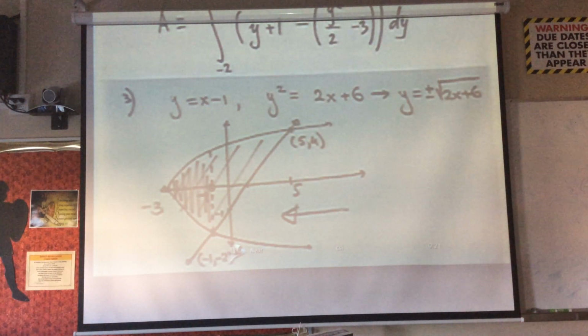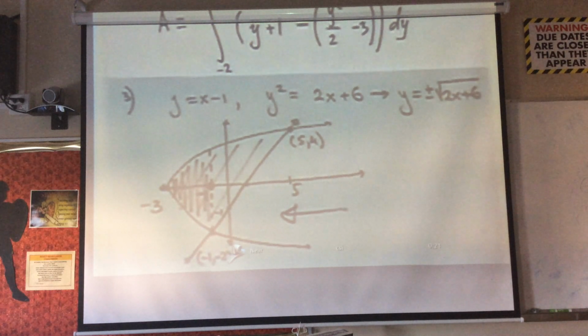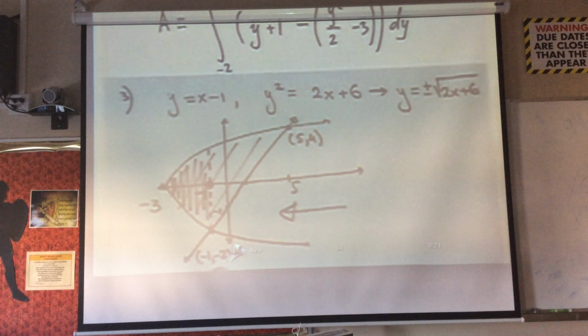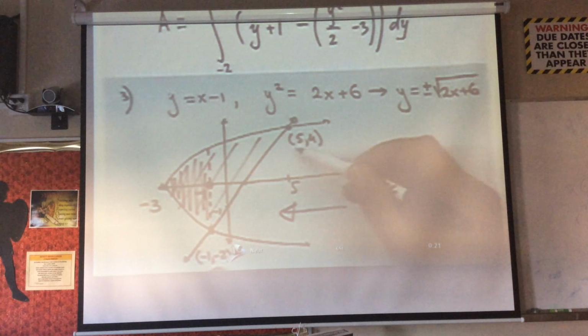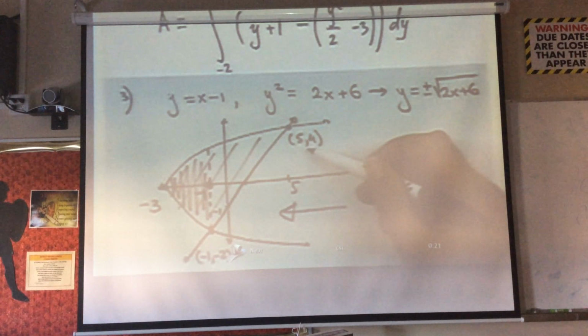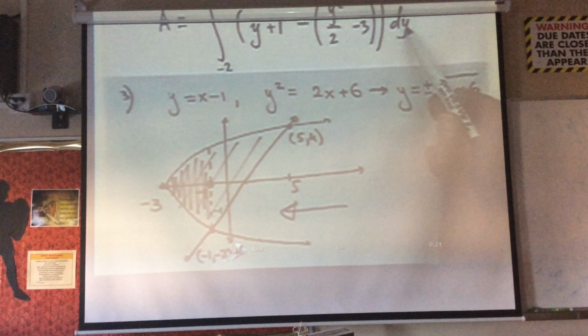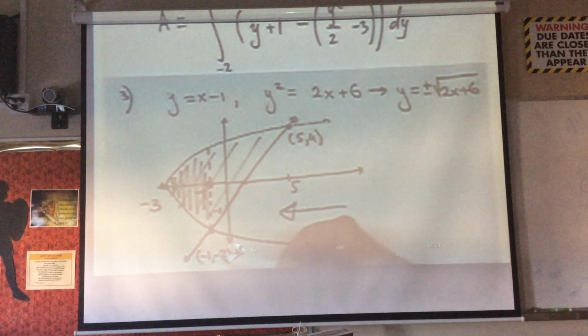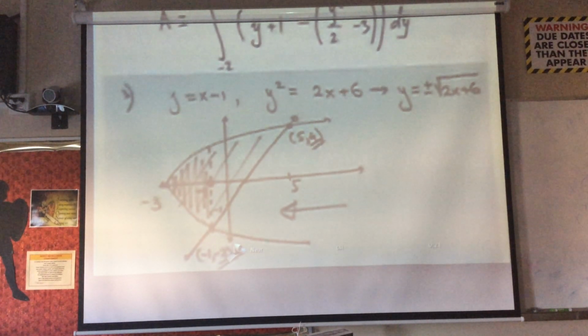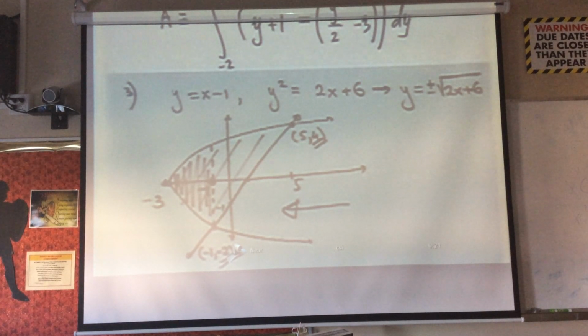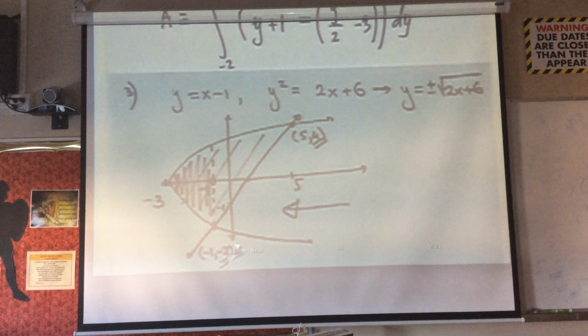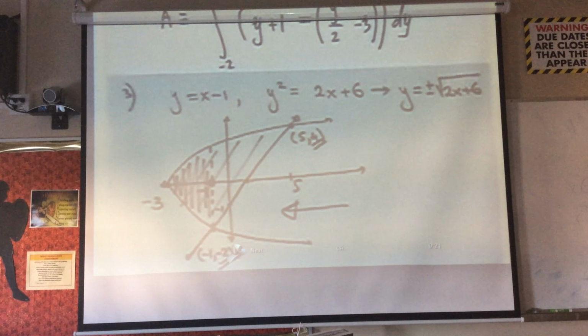So since I switched, I still have the same points. They didn't go anywhere. It's still negative 2, negative 1, negative 2, and it's still 5 and 4, right? Same points. But since I'm going with dy, I have to pick the y coordinates. So I'm going to use this and this. I have to go with y. And this is my integral.